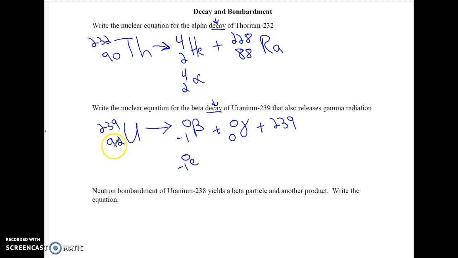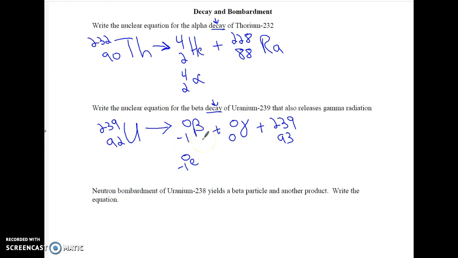You started off with atomic number 92 for uranium. Well, you end up gaining a proton because a neutron changed into a proton and an electron, and the electron got shot out of the nucleus. So what you end up getting is 93. And if you think about the math, 93 plus a -1 gives you 92. You add the products, like before, 2 plus 88 gives you 90, and that equals the left-hand side.